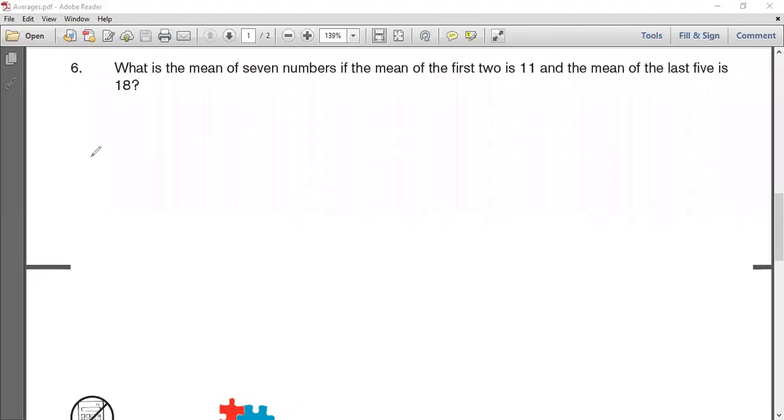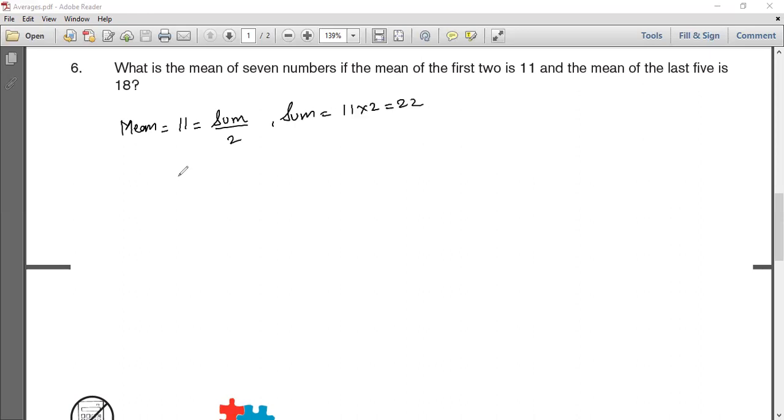Now let's go to a little more technical question, which is question number 6. What is the mean of 7 numbers if the mean of the first two is 11 and the mean of the last 5 is 18? The mean of the first two numbers is 11, so their sum will be 11 times 2, which is 22.